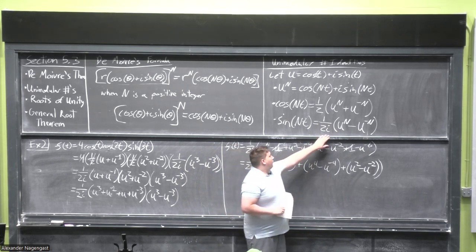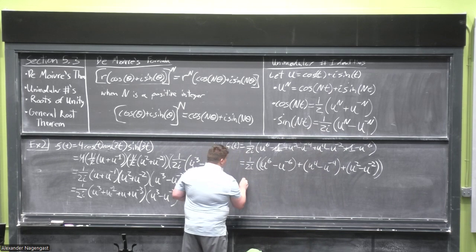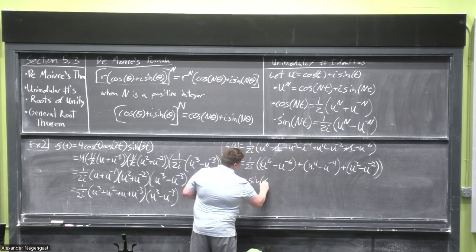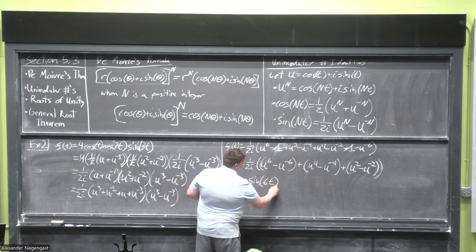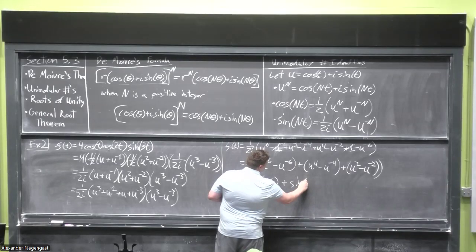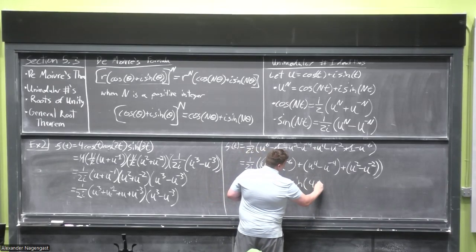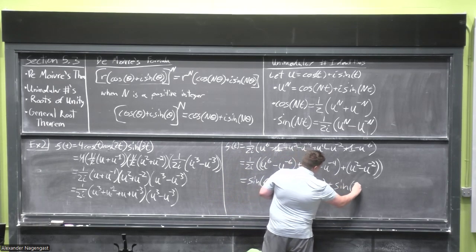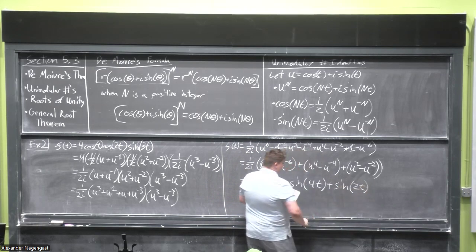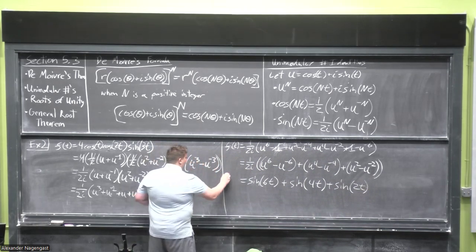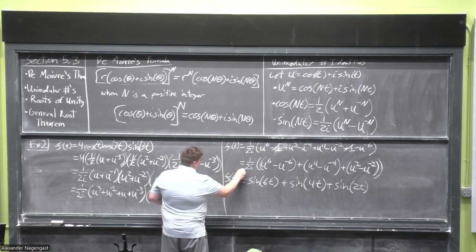So for this first one, we'll have sine of 6t. We're going to add sine of 4t plus sine of 2t. And this is our f of x, or f of t, I should say.